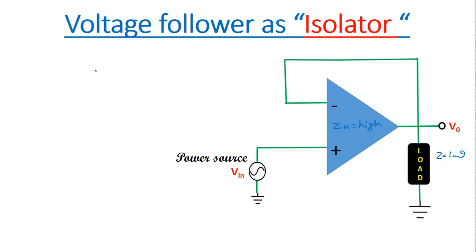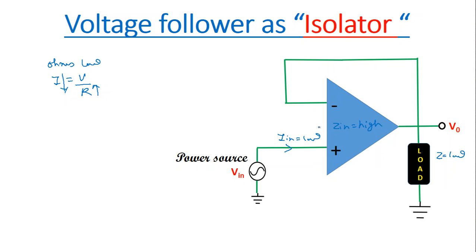By Ohm's law, I is equal to V by R. Since the power source is now feeding directly the input impedance of this operational amplifier, when impedance increases, the current decreases. So the current which is drawn is very low.